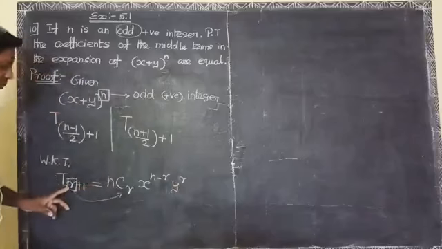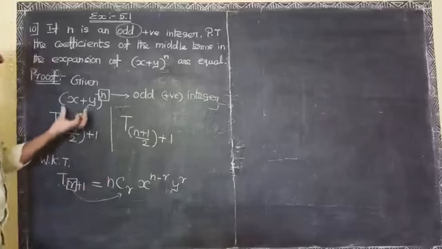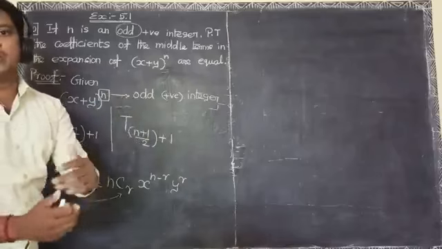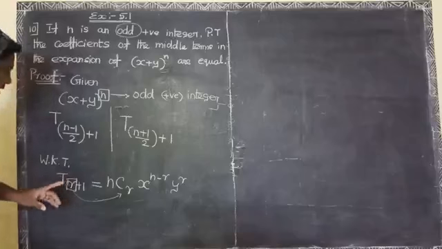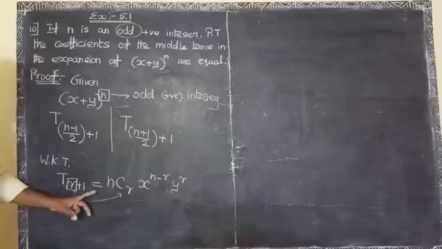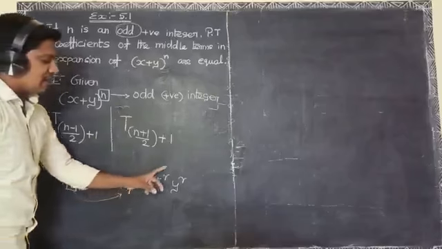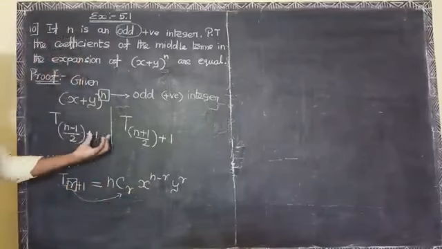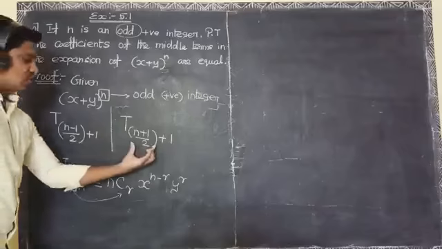This is the (r+1)th term. It means (x + y)^n contains exactly n + 1 terms, isn't it? Yes. So T(r+1) is equal to nCr x^(n-r) y^r. Here we have the two middle terms.